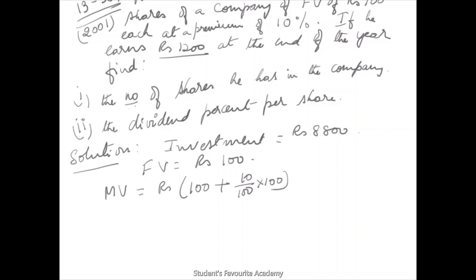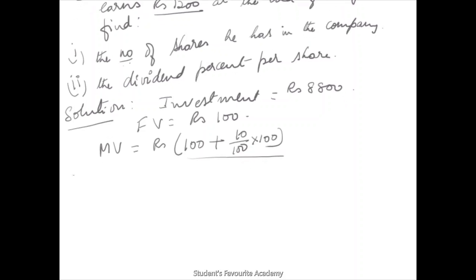See children, you all know 10% of 100 is 10. But it is very important to show this step, because in this type of question where you have to find the market value, if you don't show this step, you may lose the one mark for the step. So you show it, and then market value is equal to rupees 100 plus 10, which implies market value is equal to rupees 110. Okay, it's always better to write all the steps.